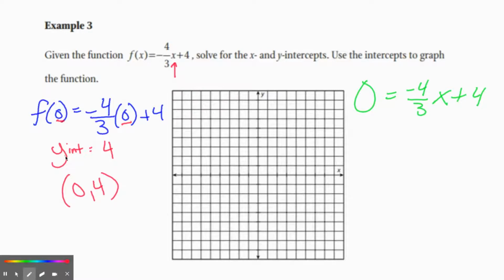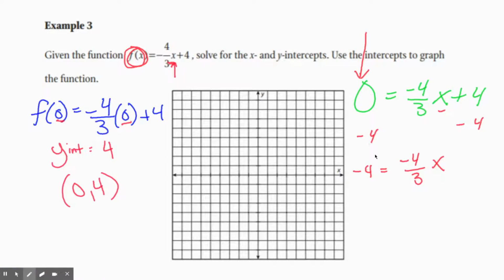Finding the x-intercept's more tricky. Instead of plugging in 0 for x, we're going to plug in 0 for y and solve for x. And as you can see, I plugged in 0 on the right-hand side of the screen, and now I'm going to solve for x. I've subtracted 4 from both sides, and I get negative 4 equals negative 4 over 3x. I'm going to multiply both sides now by 3.